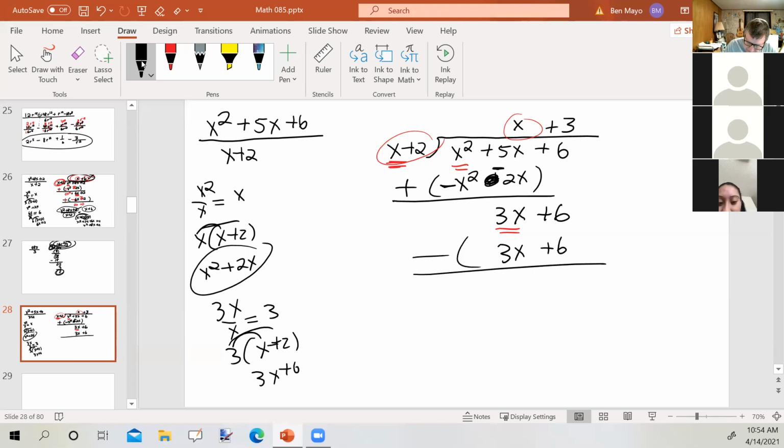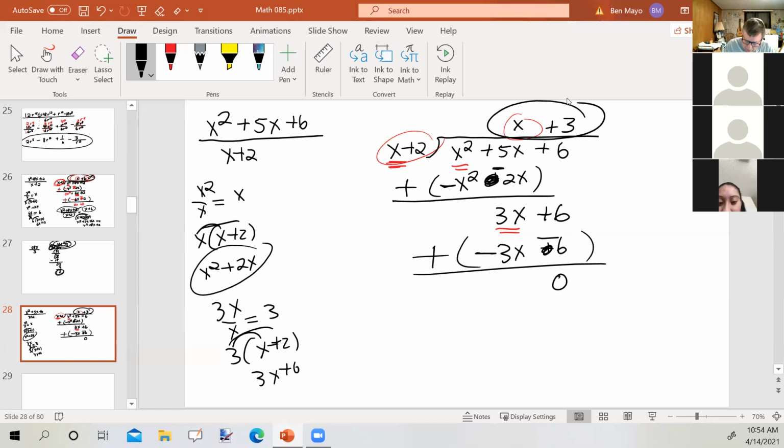But we're going to subtract that from what's up above, which will change to addition of the opposite. 3x plus negative 3x is 0. 6 plus negative 6 is 0. So again, we get an answer with no remainder.